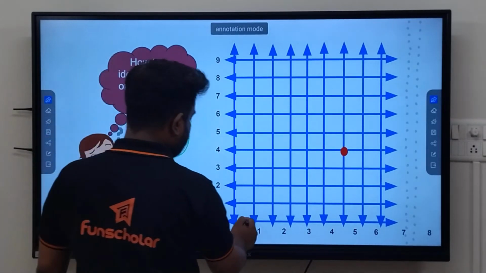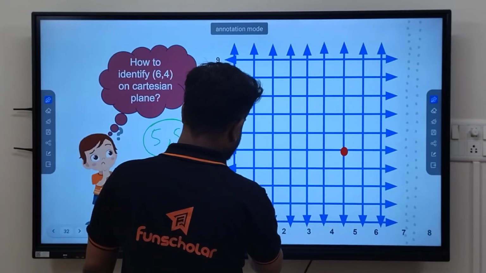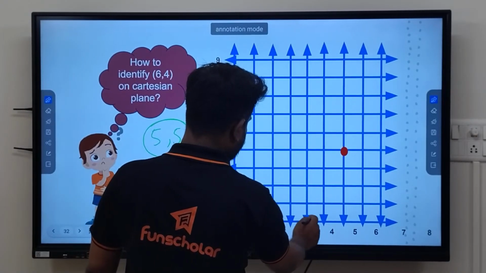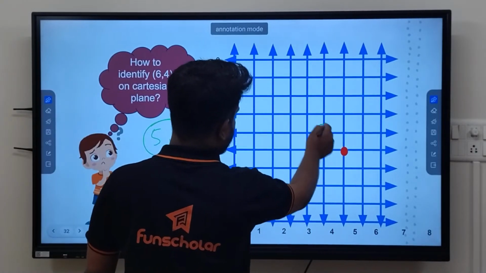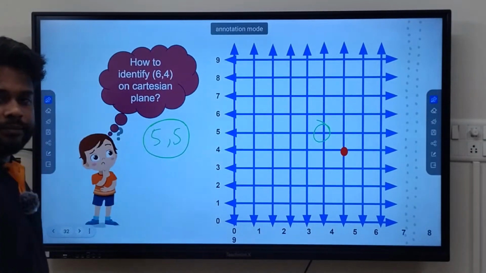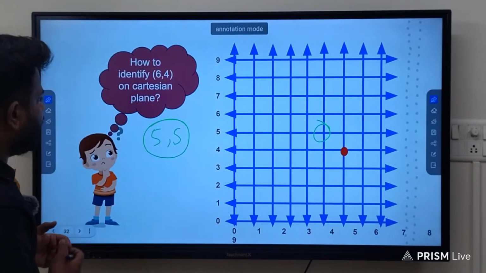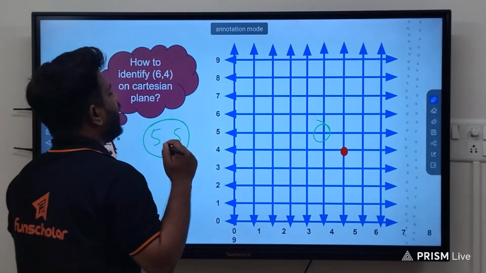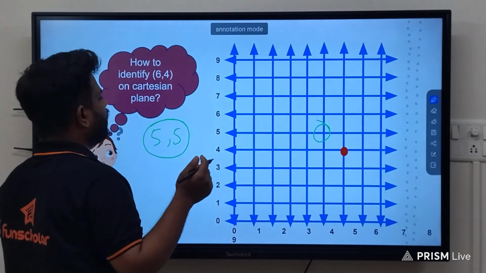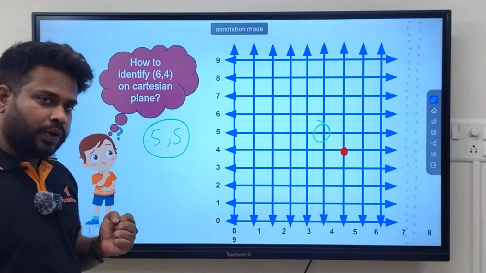So it will be 0, 1, 2, 3, 4, 5 and 5, 5, 1, 2, 3, 4, 5. It will be like here. So you can think about any points starting from 0 to 9 and ending from 0 to 9. You can just simply plot the points in this graph. Okay.